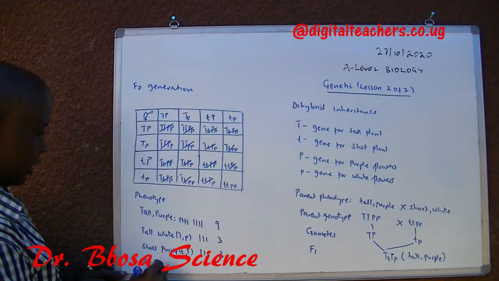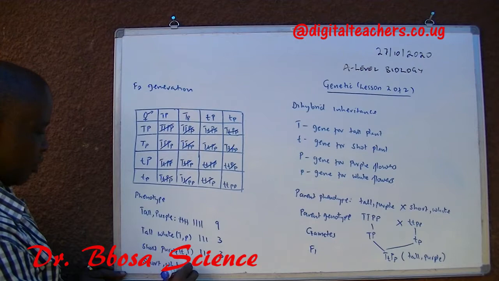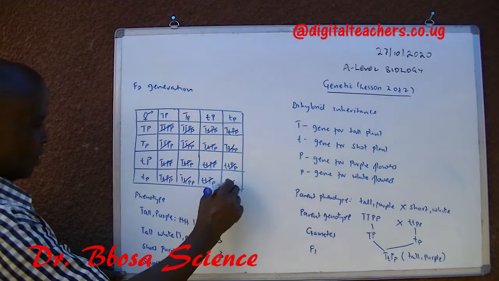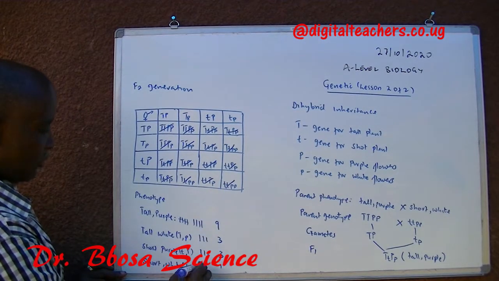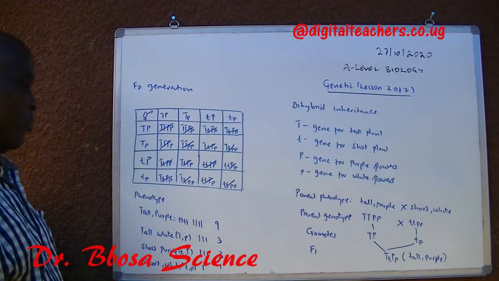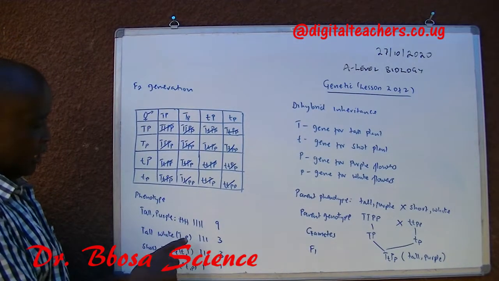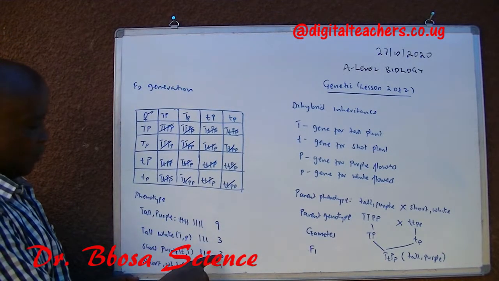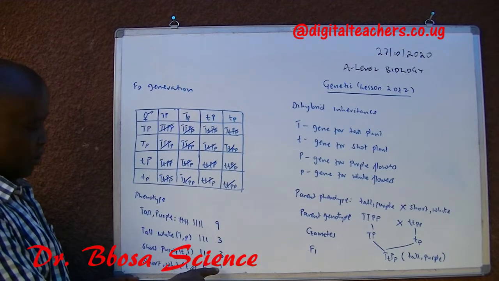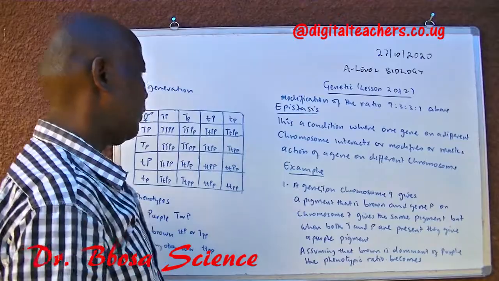Then short, white, that's small t, small p, we shall have 1. Therefore, the probability of phenotypes will be 9 tall and purple, to 3 tall and white, to 3 short and purple, to 1 short and white.